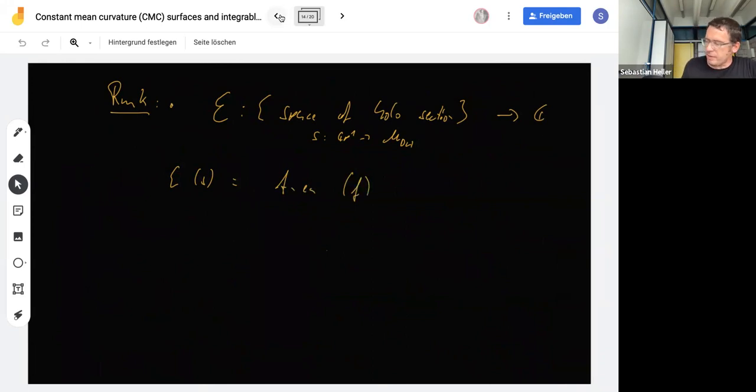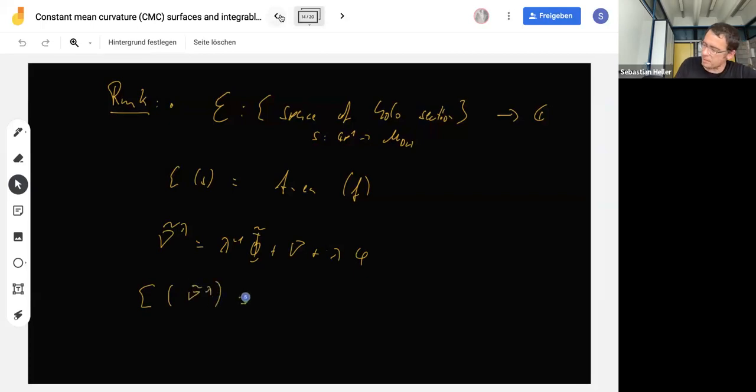And the functional can be written down quite nicely. So if we take any lift as before, nabla tilde lambda, which starts with some lambda inverse term, tilde phi, plus nabla plus lambda psi, what we do is basically: E of the section given by this lift is some scaling, maybe 2 minus 2i, times the integral of this lambda inverse part compared to the lambda part.